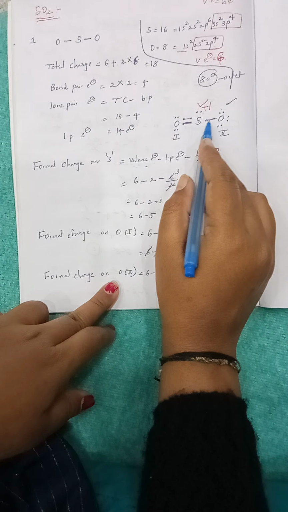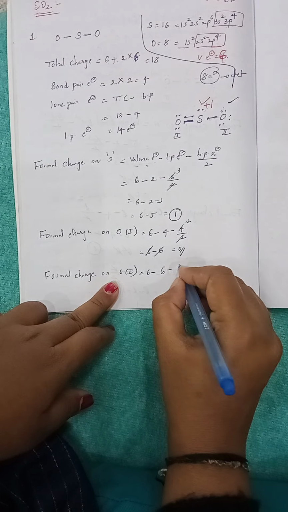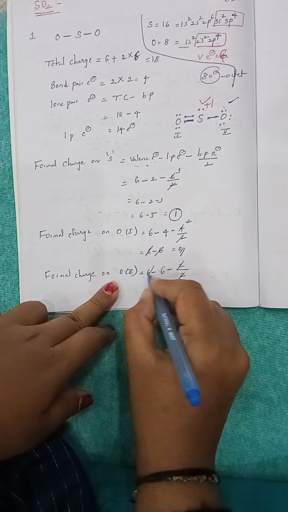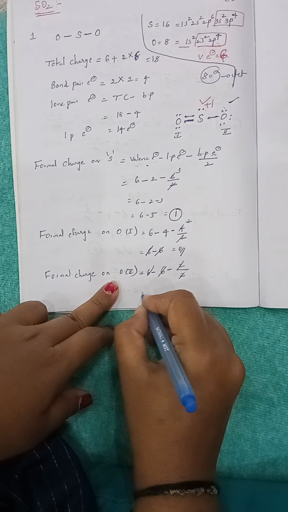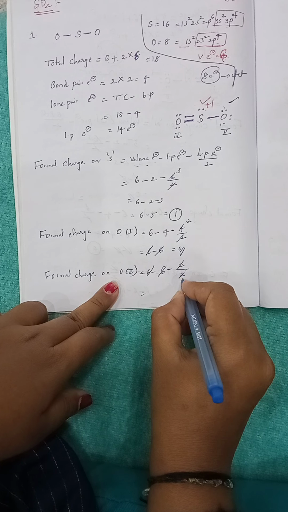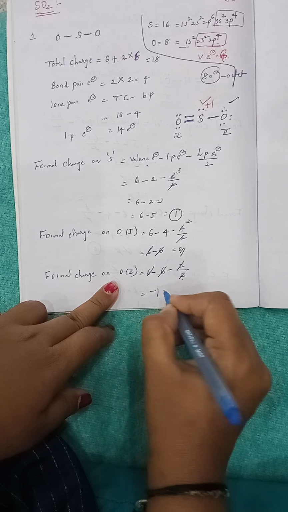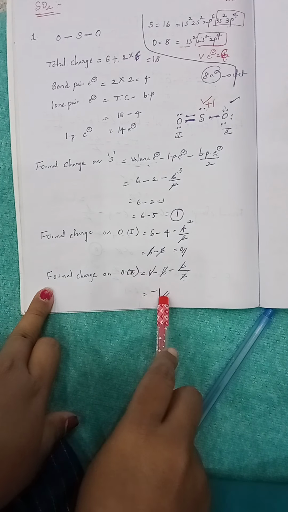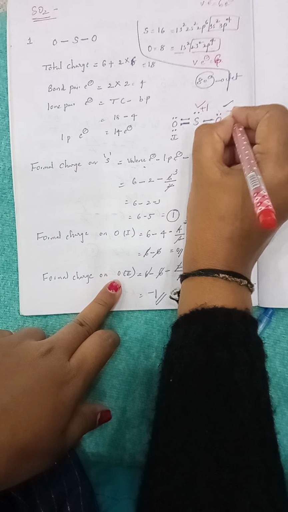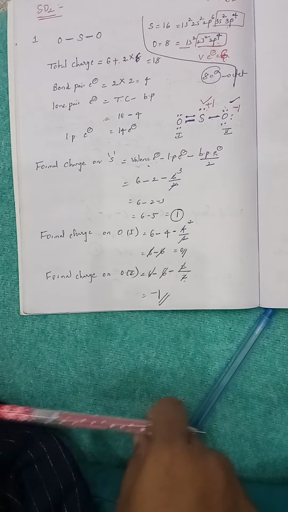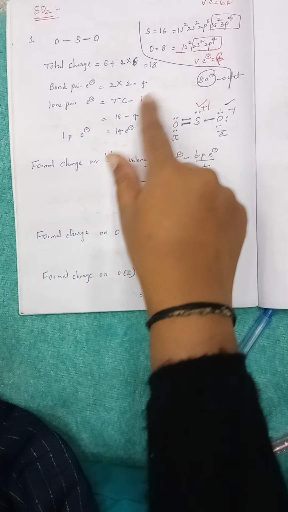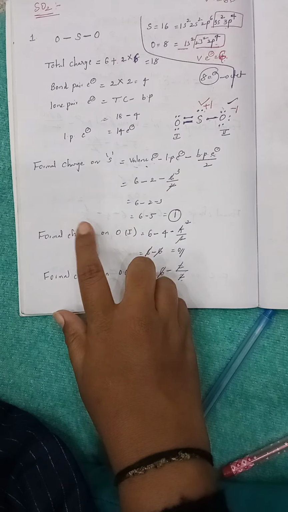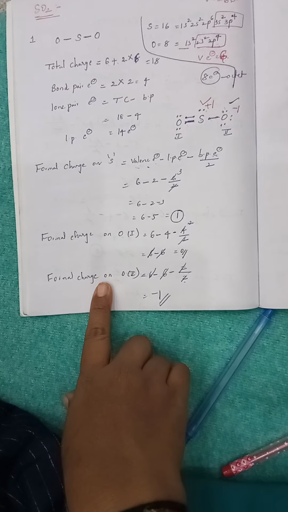Only one bond is there, and within one bond 2 electrons are present, so 2 by 2 is 1. 6 minus 6 cancelled, minus 1. So the answer is minus 1. The formal charge on the second oxygen is minus 1. We can represent it like this. Understand? So this is the complete structure and the formal charges on the sulfur, first oxygen and second oxygen.